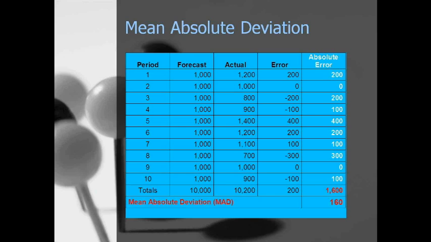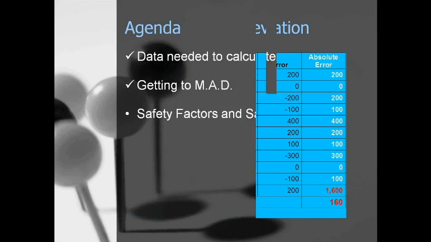That is the absolute deviations, and if we divide it by the 10 periods, that gives us our mean absolute deviation of 160 units per time period. And for the most part, looking at the data, you can see that we stay pretty much within that 160. There are exceptions like period number 5, though, where we are well above it.